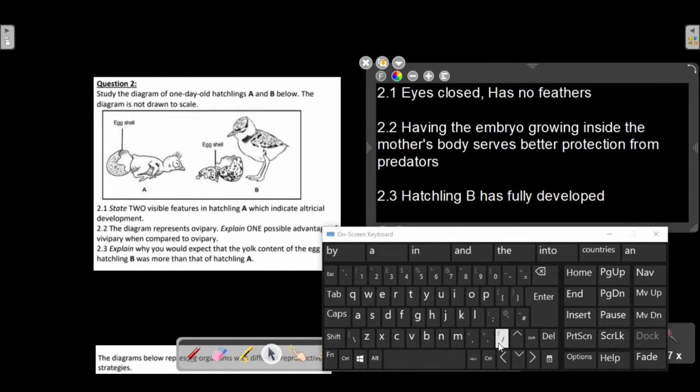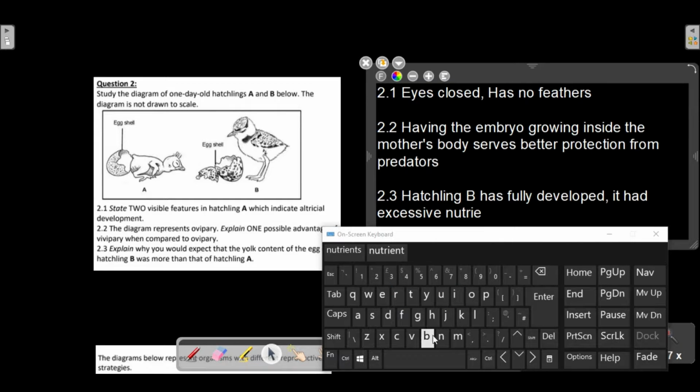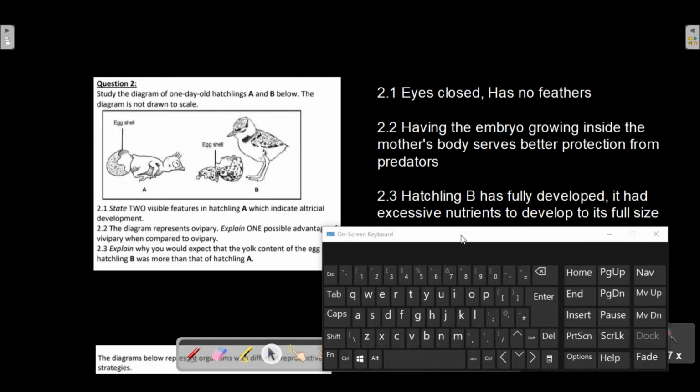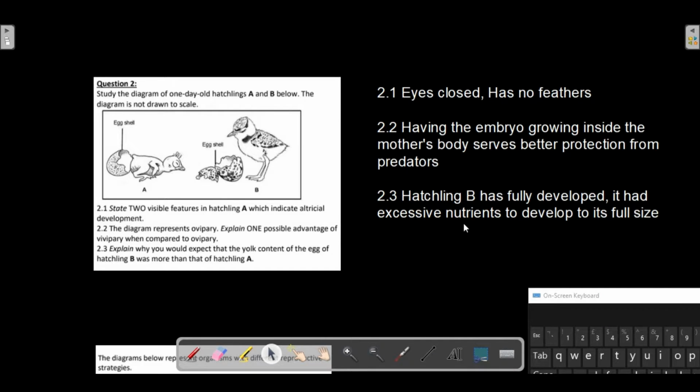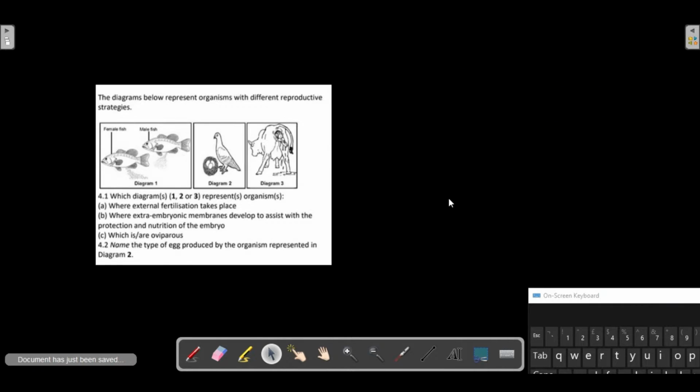So it had excessive or more than enough nutrients to grow to its full size. So that's our reason there. It must have had a lot of nutrients, or a lot of yolk. Let's head on to the next question.